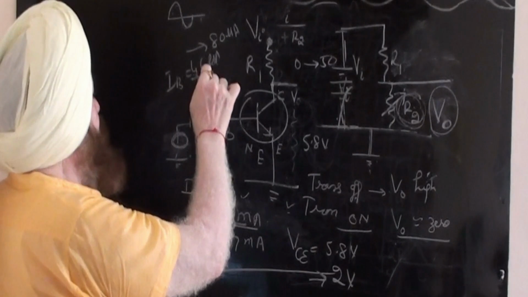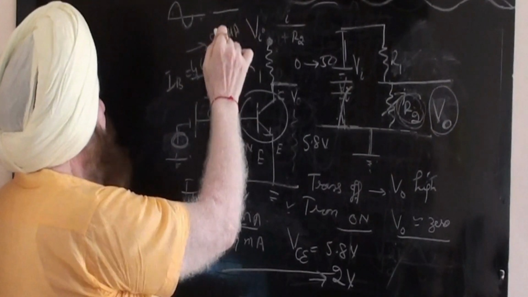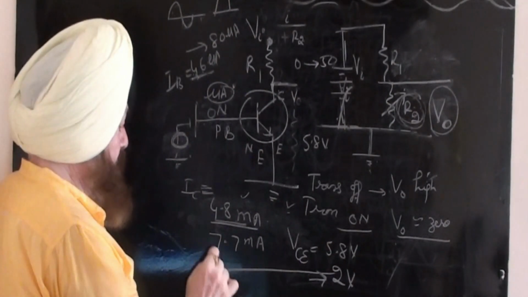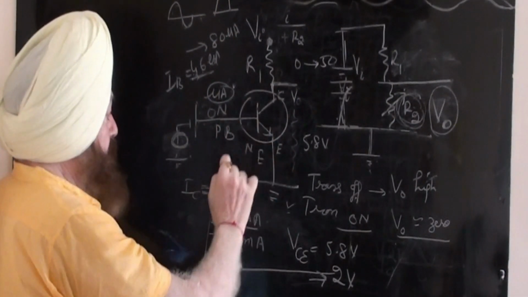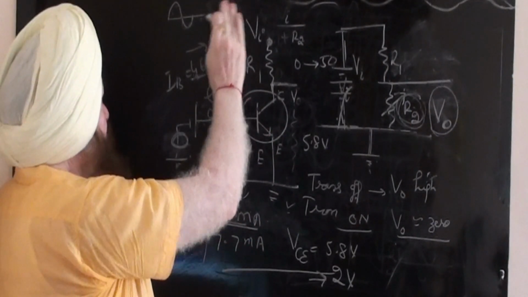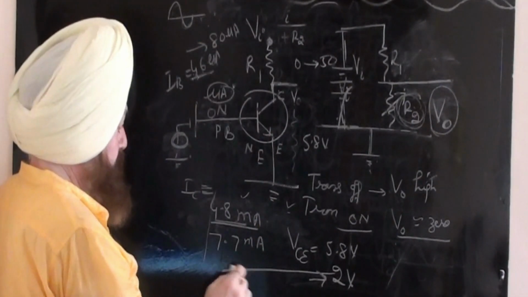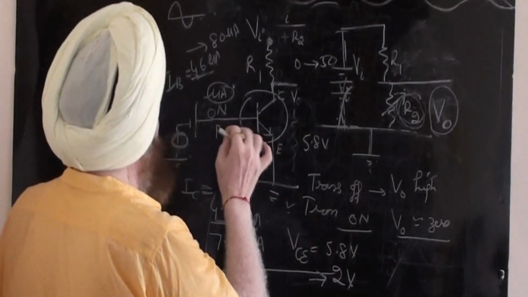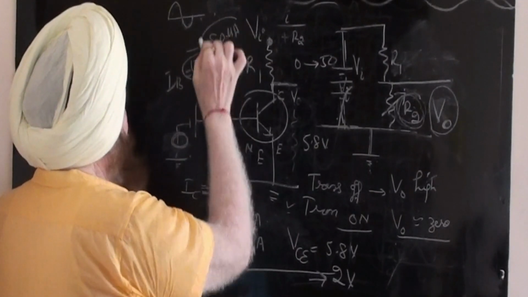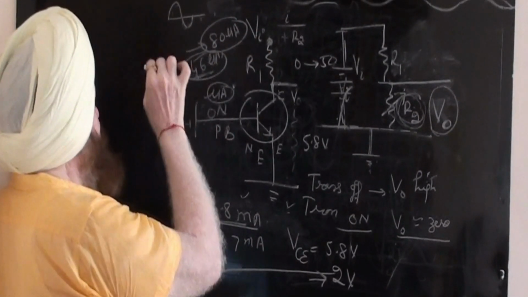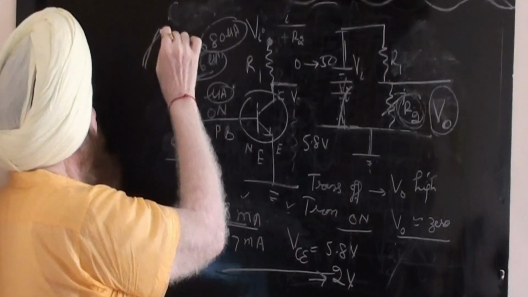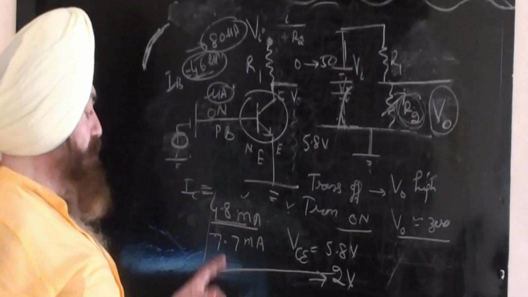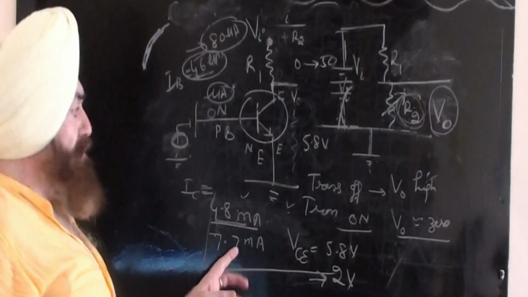Now the signal is increasing, 50 to 80 microampere. The base current is increasing from 50 to 80 microampere, and the collector current is increasing from 4.8 milliampere to 7.7 milliampere.